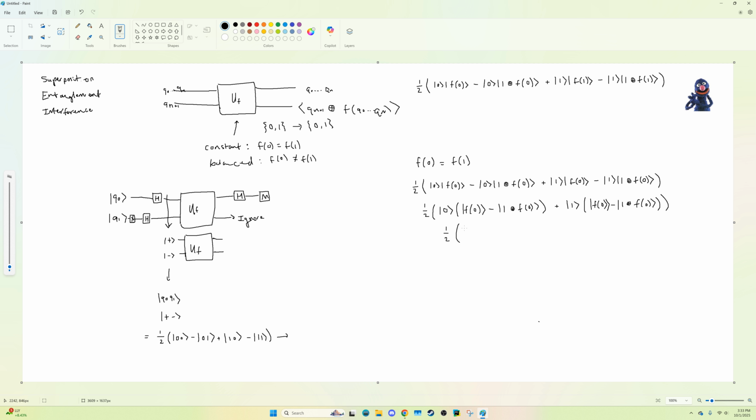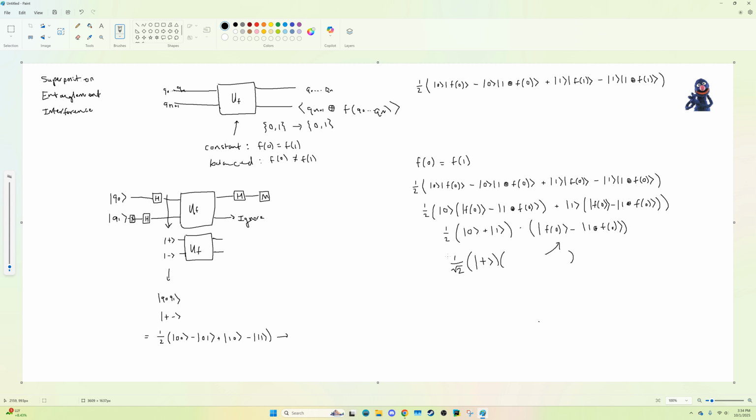So we have 1/2 times ket 0 plus ket 1 times this portion right here, which is f of 0 minus 1 XOR f of 0. Okay, and finally we can pull out a 1 over square root of 2 from this coefficient into here. So we have 1 over square root of 2 times the plus state times this portion right here.